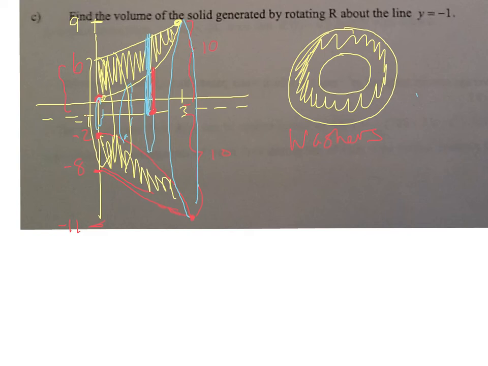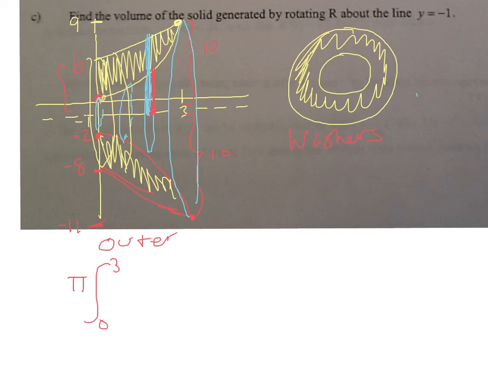So if I do the outer curve, okay, its area, to get its volume, I have to add up area. So I'm going to go from 0 to 3. The cross sections are still a dx. 0 to 3. I have pi.